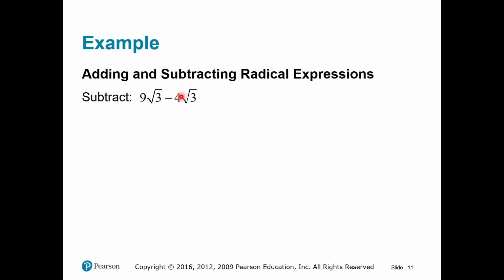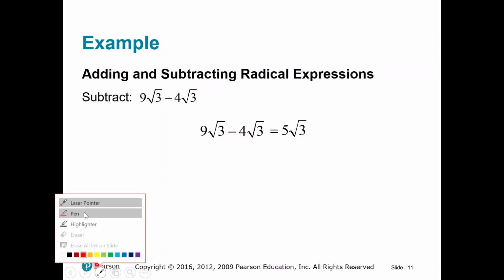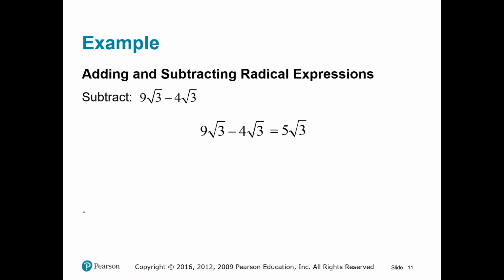Again, they're both square roots and they both have the 3 as their radicand, so we have like terms. So I can just say 9 minus 4, which is 5. So you can think of it as 9x minus 4x, where the x is in fact the square root of 3.